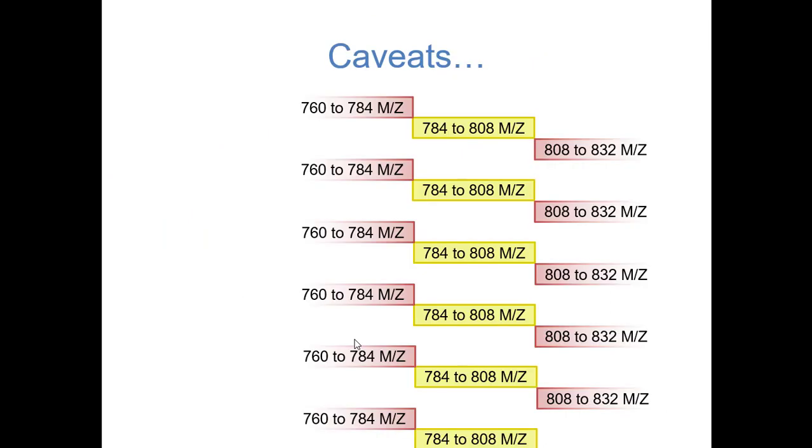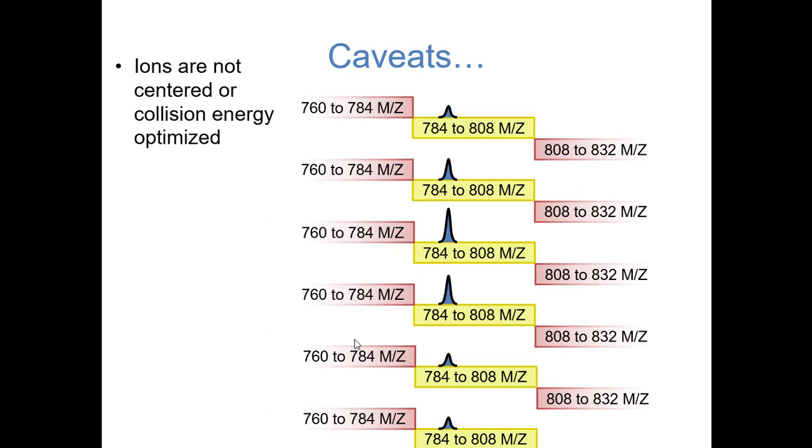All right. So there are some pretty big caveats, some of which we've started to touch on, in terms of the wide precursor isolation windows. The first one is that you're going to see these peptides that come up in this precursor range. One important point to note is that the ions that you're measuring aren't necessarily in the middle of that isolation window.